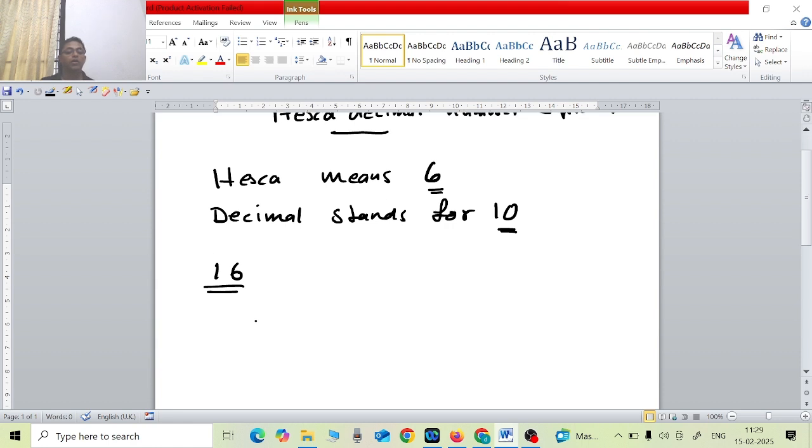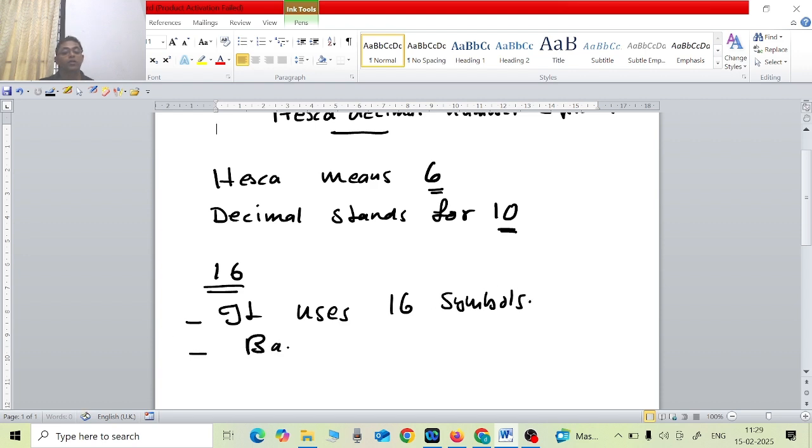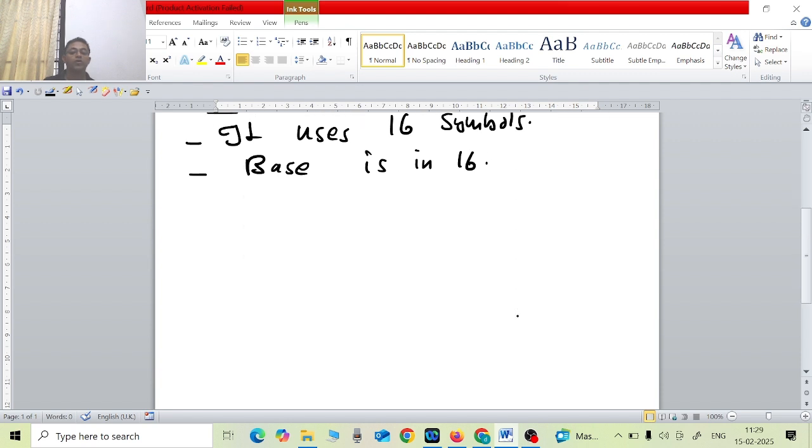The reasons why it is known as hexadecimal is that it uses 16 symbols and the base is 16. So these are the two reasons why it is known as the hexadecimal number system.